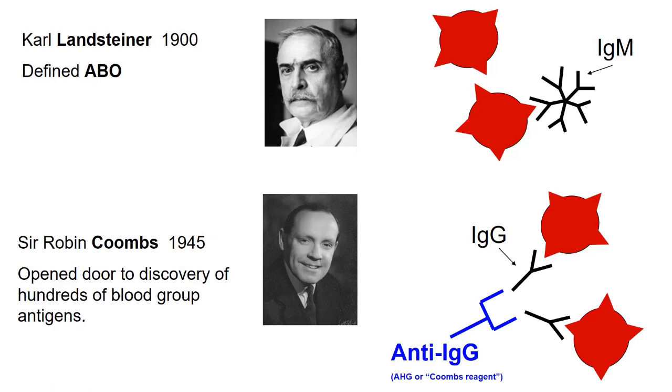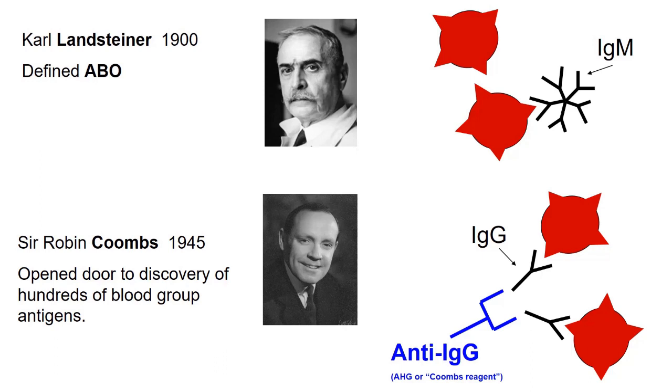Operating at 37 degrees, the optimal conditions, also requires incubation energy. And so the real breakthrough in being able to identify these systems by virtue of the IgGs that they provoked really only took off by the contribution of Sir Robin Coombs.